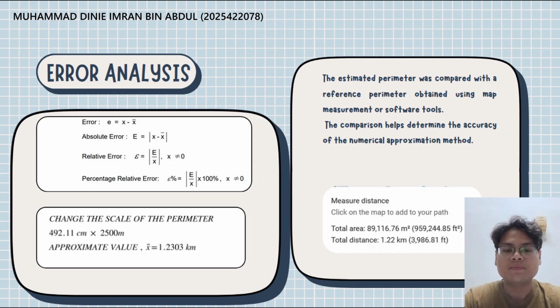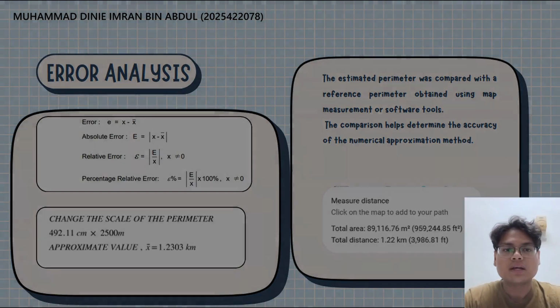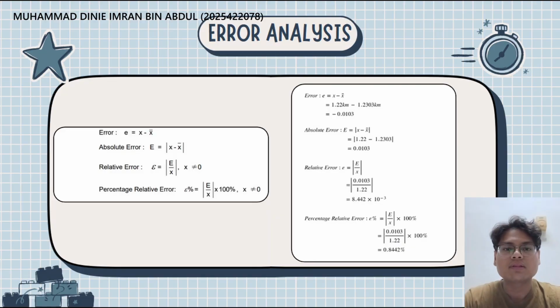1.2303 kilometers. To quantify our accuracy, we calculated 3 standard error metrics. First, our absolute error came out to just 0.0103 kilometers, representing a minor variance of only 10.3 meters over the entire lake.